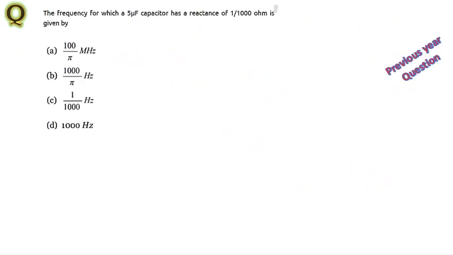Next problem. What they're asking here is the frequency for which a 5 microfarad capacitor has a given reactance. They have given the capacitor value and the capacitive reactance, that is Xc. Xc is capacitive reactance, and XL is inductive reactance.